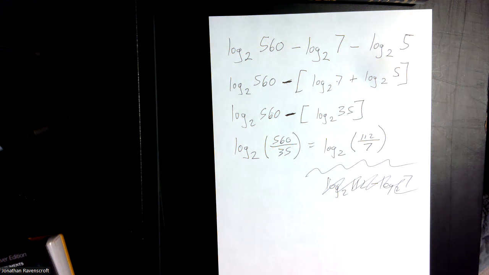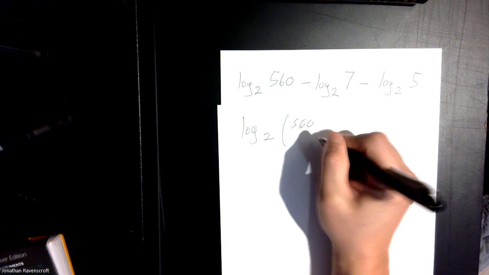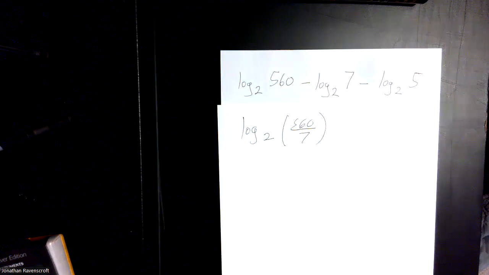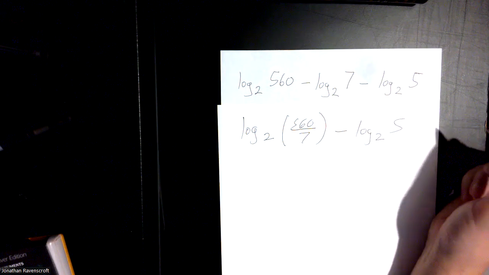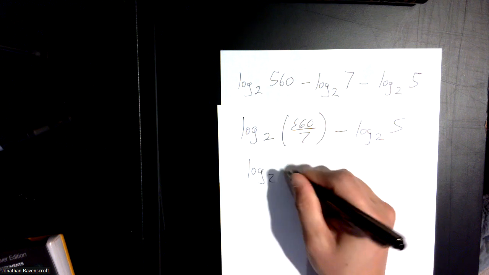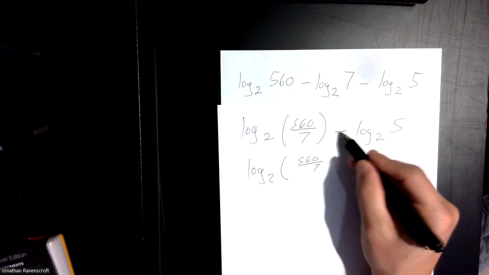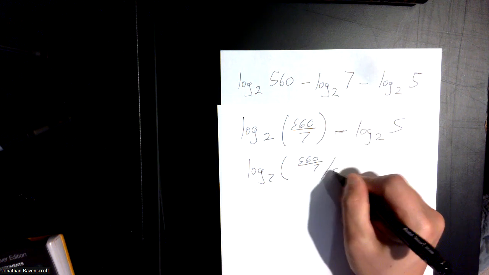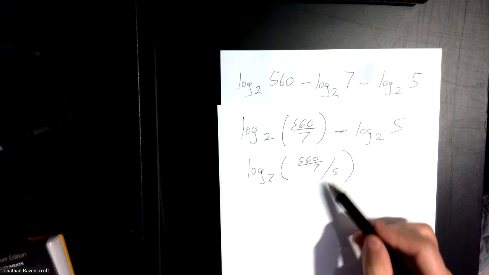Now, this is how I did the problem. Another student might come along and do this. Log base 2 of 560 over 7 minus log base 2 of 5, which is allowed. You can do this, which then becomes log base 2 of 560 over 7, subtraction becomes division, divided by 5. Now this is a little wonky looking and a little difficult to simplify.